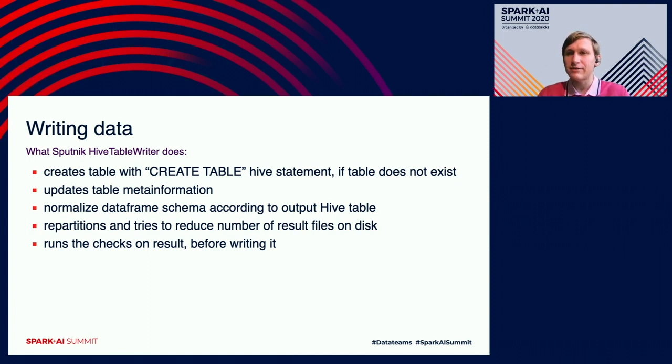It resulted in us having multiple files, one megabyte or even kilobytes in size. So we are actually repartitioning our result before writing to Hive, so we can reduce the number of result files on disks. We run checks on the result before writing it, and I will talk a little bit more about that in the next slides.